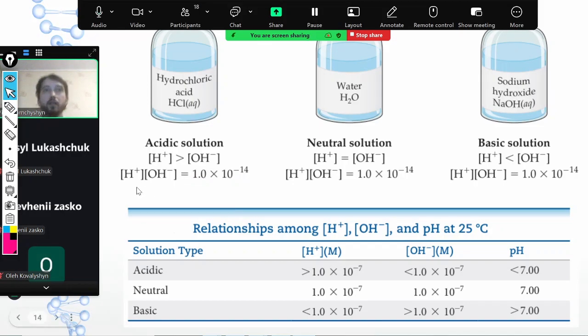So please keep that in mind. In neutral solution, we talked about that, just plain water, we have equal amounts of H+ and OH-, and this product, of course, is 10 to the -14. In basic solution, you added something, let's say sodium hydroxide, that gives off OH-, you have much more OH-, but this product will still give you 10 to the -14.